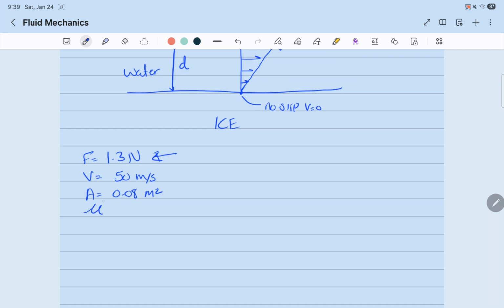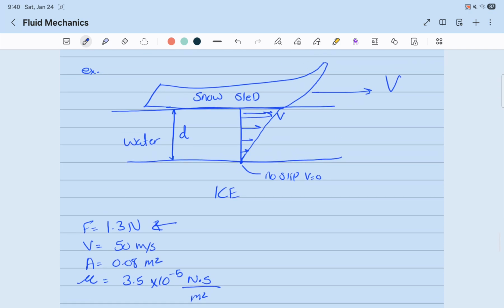And the viscosity of water, mu, equals 3.5 times 10 to the power of negative 5 newton seconds per meter squared. And we're asked to find d, which is the thickness or the height of that body of water.